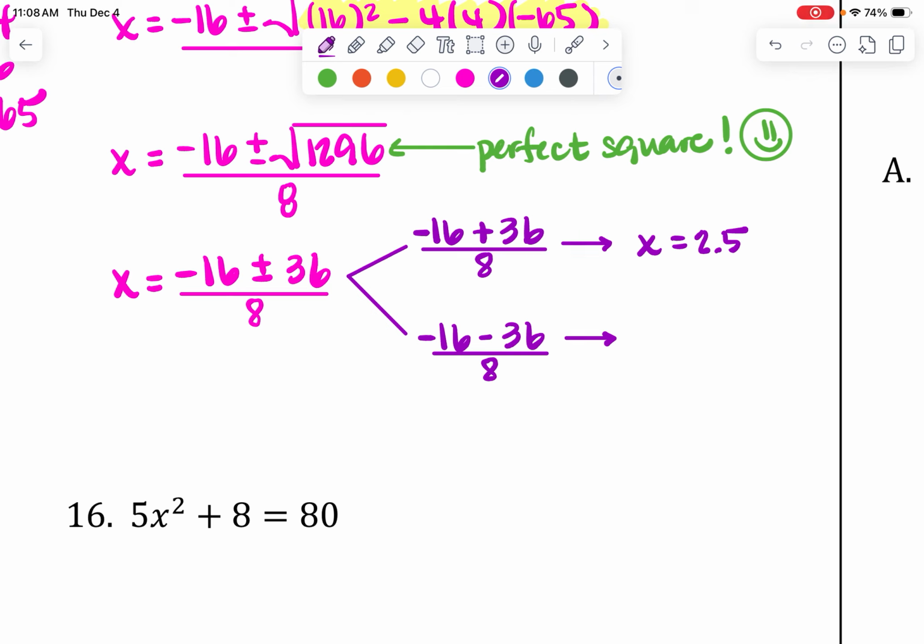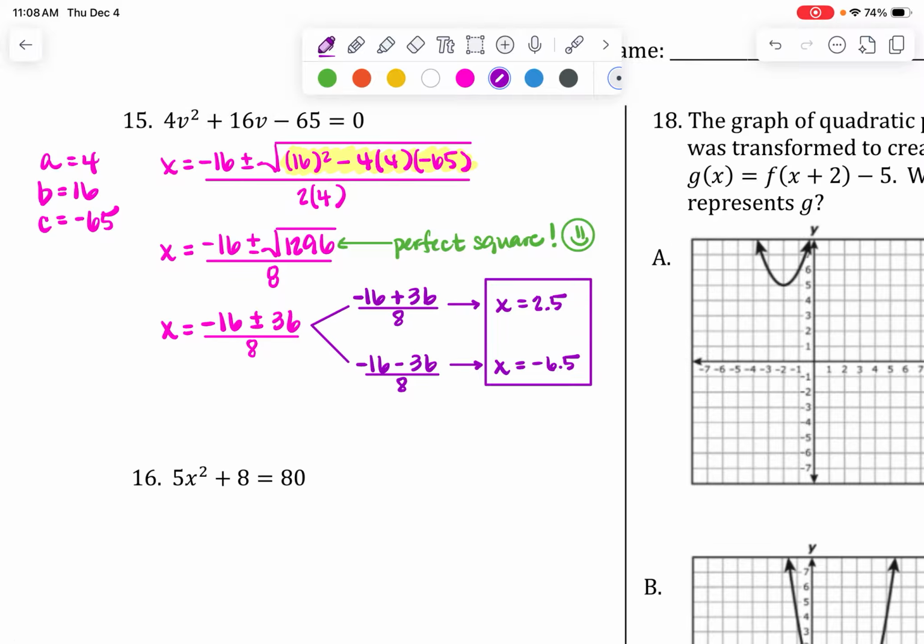I'm going to divide that by 8, and that gives me x equals -6.5. So when it's a perfect square, we get nice, friendly answers typically. And these are very friendly decimals, right? They're nice little 0.5s.